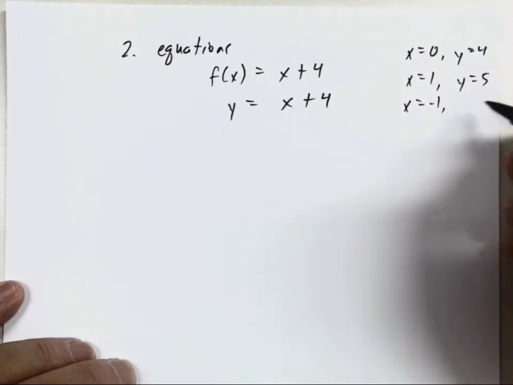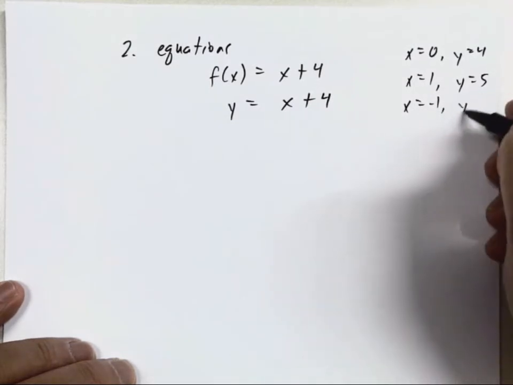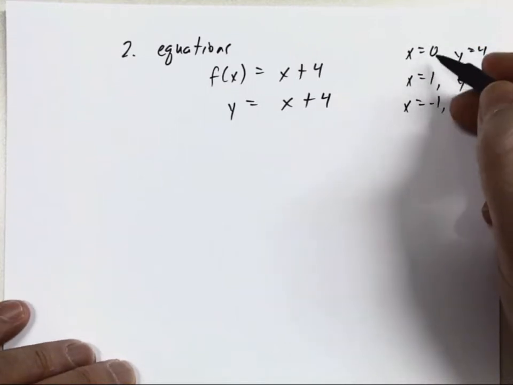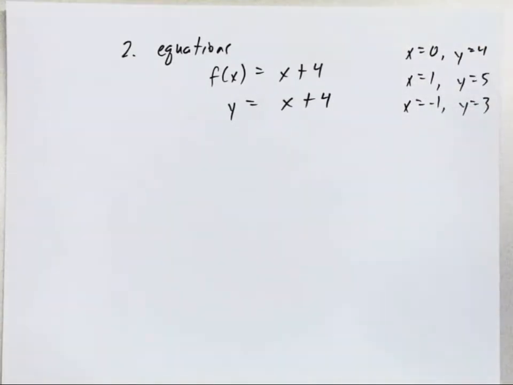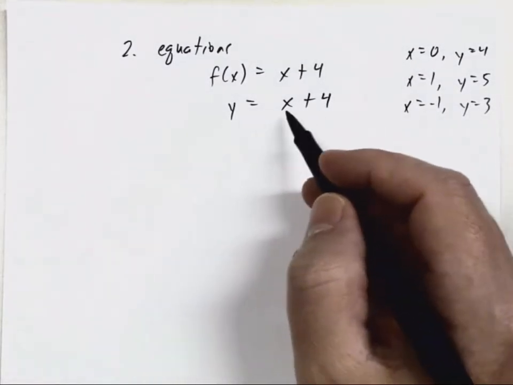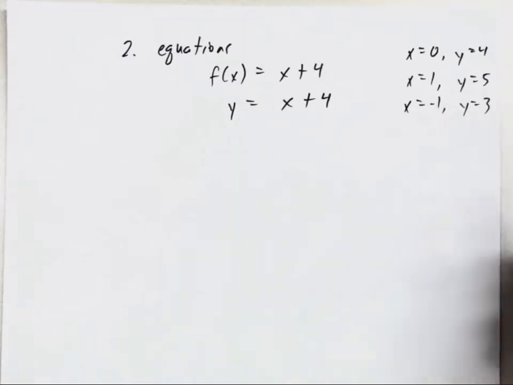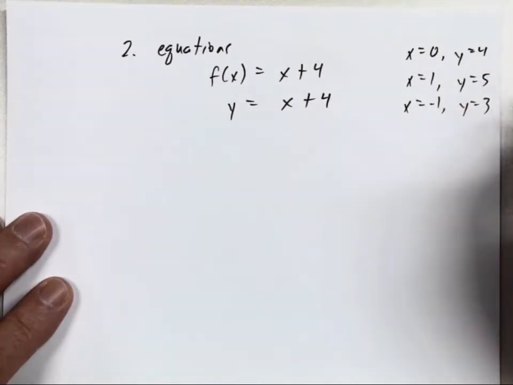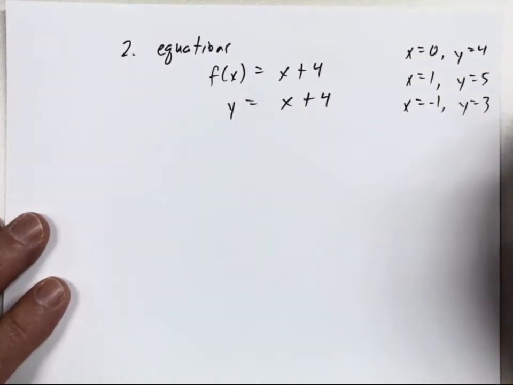If I set x equal to negative 1, y would be 3. And you notice I could go on all day long choosing values for x, and then I could go find my value of y. So an equation, once again, tells us how x and y are related. And of course, if I wanted to, I could think of these as ordered pairs, but I won't get into that.